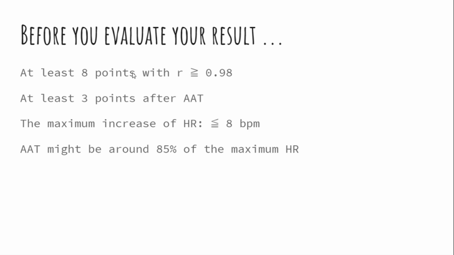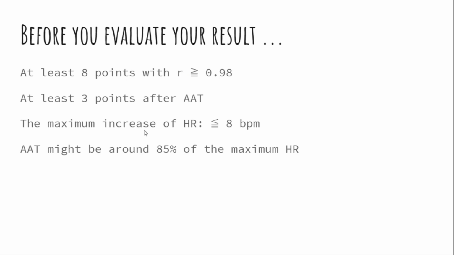So maybe next time I'm gonna do the Conconi test with 7 km per hour as a starting velocity, so hopefully I get more than 8 points before the deflection point, and I get correlation coefficient more than 0.98.